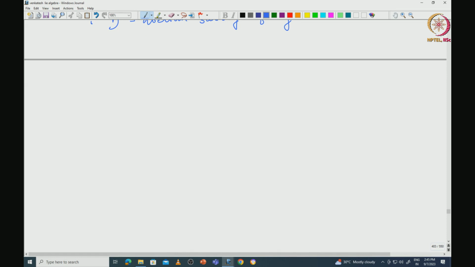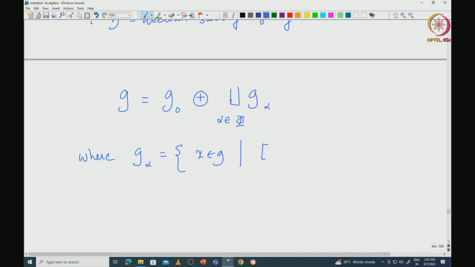Let us recall what it is. You write G as G naught direct sum G alpha, where alpha comes from phi. Here G alpha is defined to be those x in G such that when you act by elements h of H via the adjoint action, that gives alpha of h times x for all h in H. This is the definition of G alpha for alpha in H star.